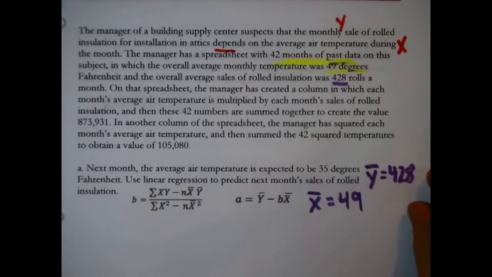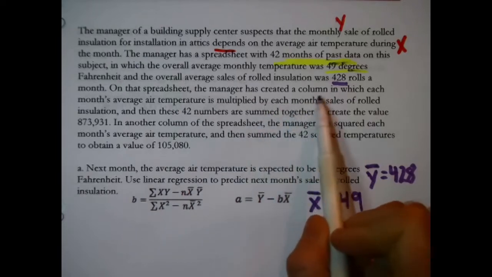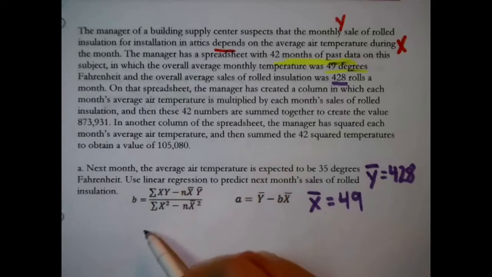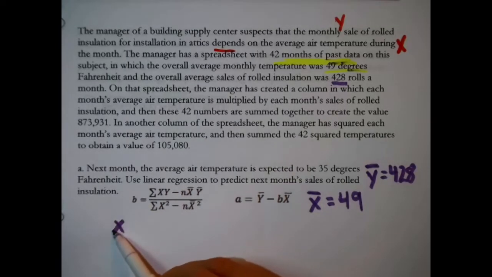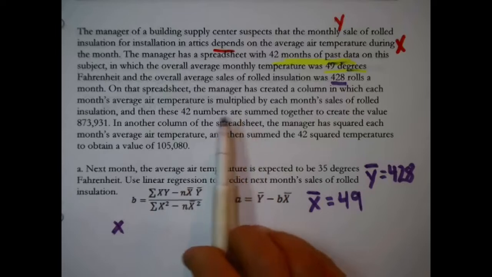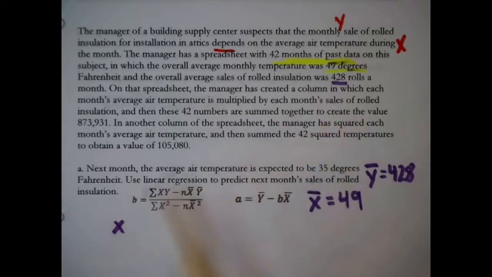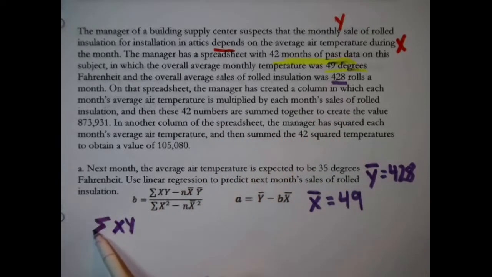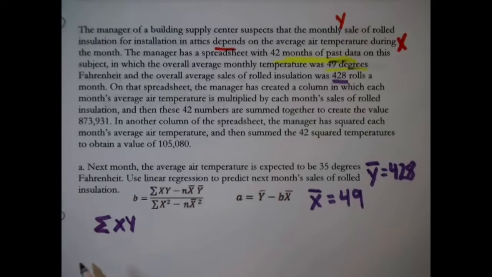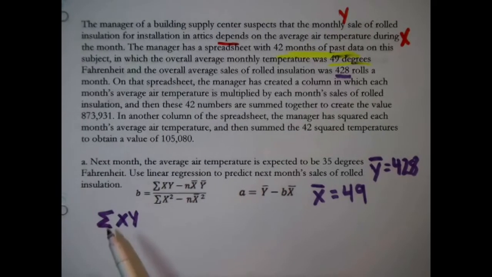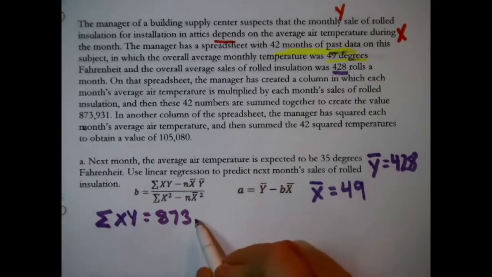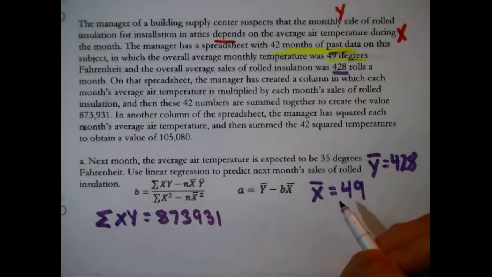On that spreadsheet, the manager has created a column in which each month's average air temperature, x, is multiplied by each month's sales, y, and then these 42 numbers are summed together, sigma, to create a very large number: 873,931.